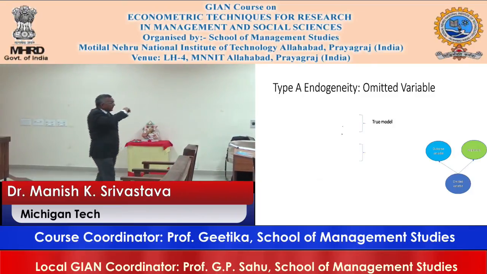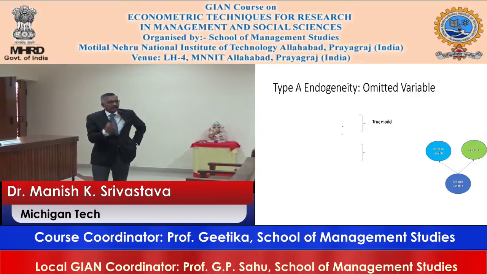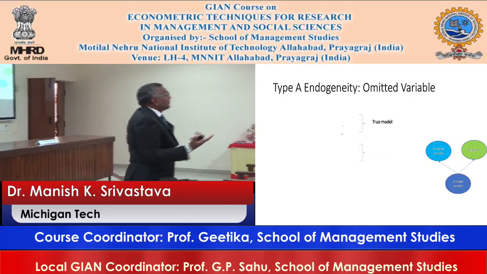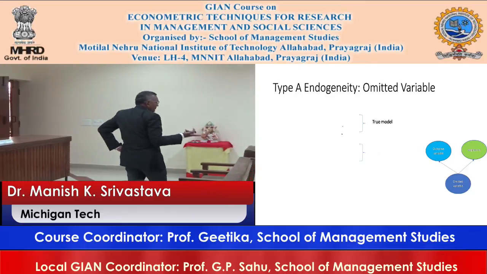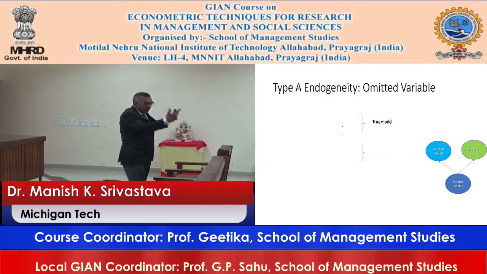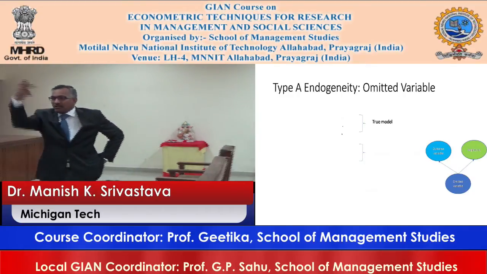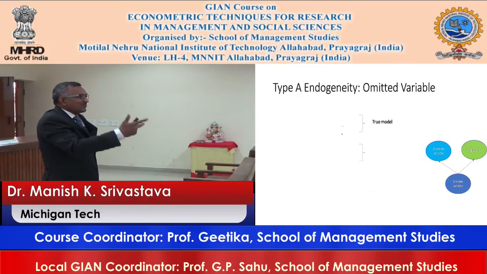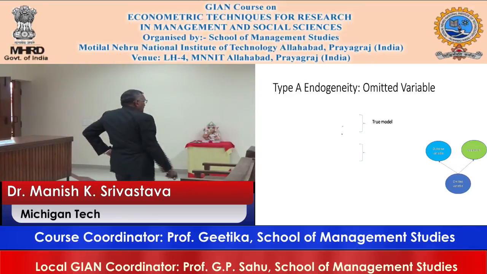So if either of those two conditions is satisfied, it's fine. If the omitted variable's coefficient beta 3 is 0, in very simple language, it is not affecting the outcome variable, so it does not matter if you omit it. It's not a big deal.